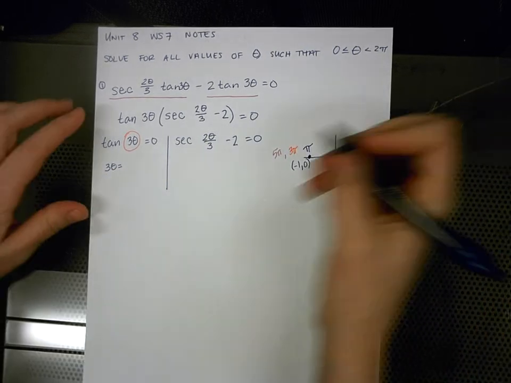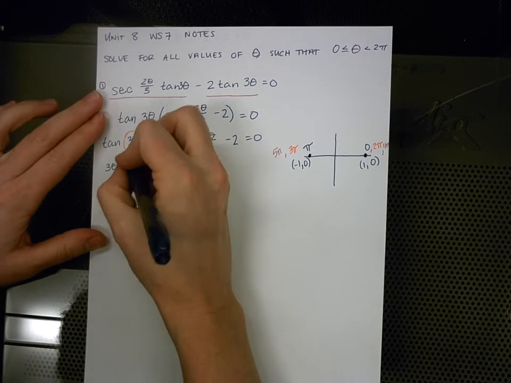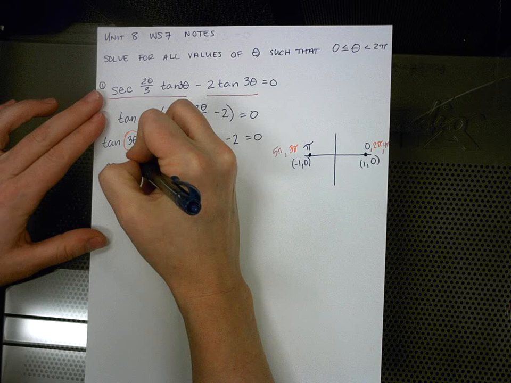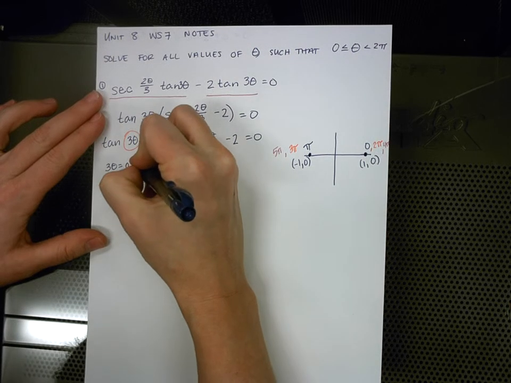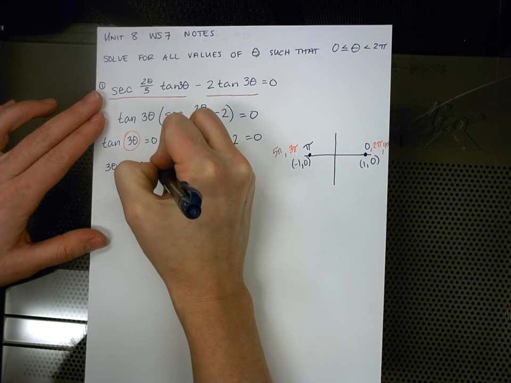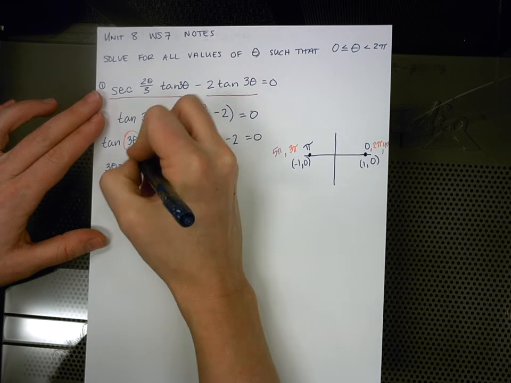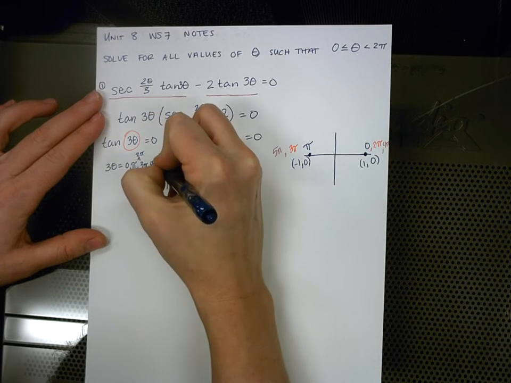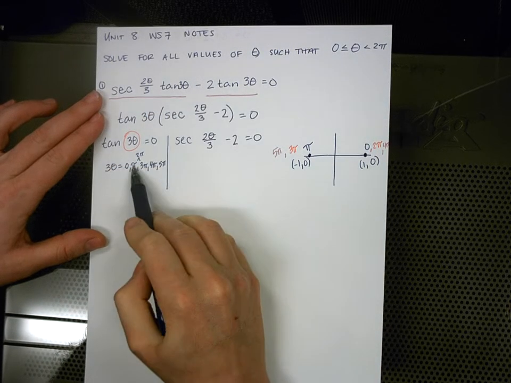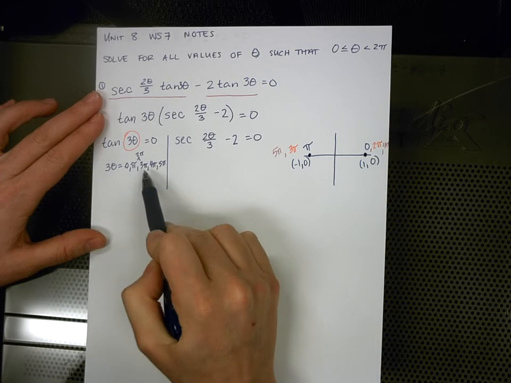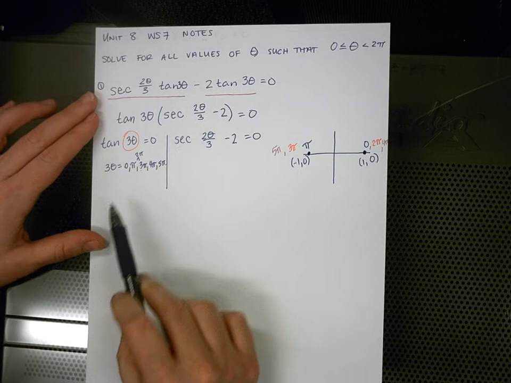So I'm just going to set a list. So we have 3 theta can be equal to any of these values. Oh, I skipped 2 pi. So 0, pi, 2 pi, 3 pi, 4 pi, 5 pi. So those are our 3 turns around the circle.